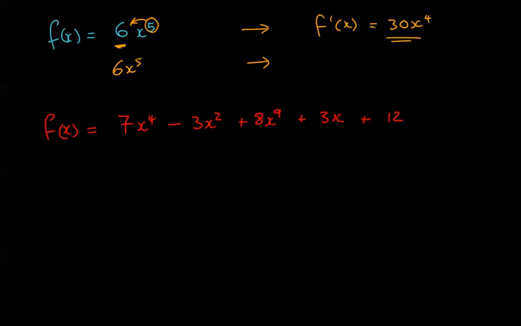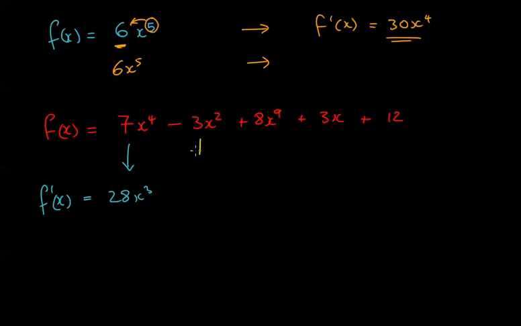When you have something like this, it's quite simple to work out its derivative function. All you need to do is differentiate each bit. Start with the first one: the x has a power 4. Multiply the 7 by that, that's 28. Then take 1 off the power, that becomes 3. So it's 28x to the power 3.